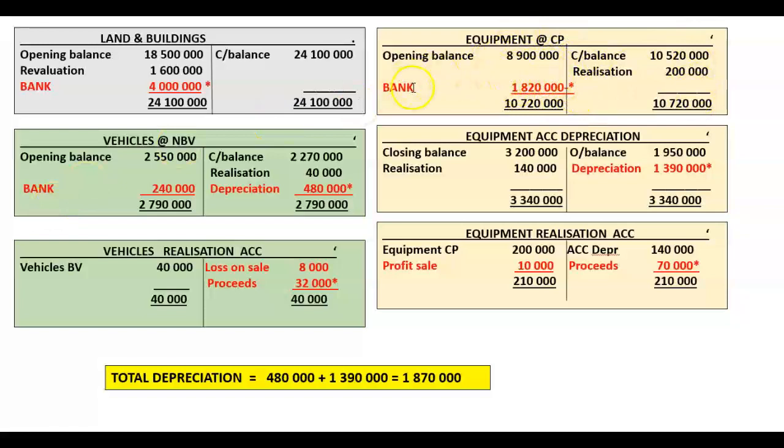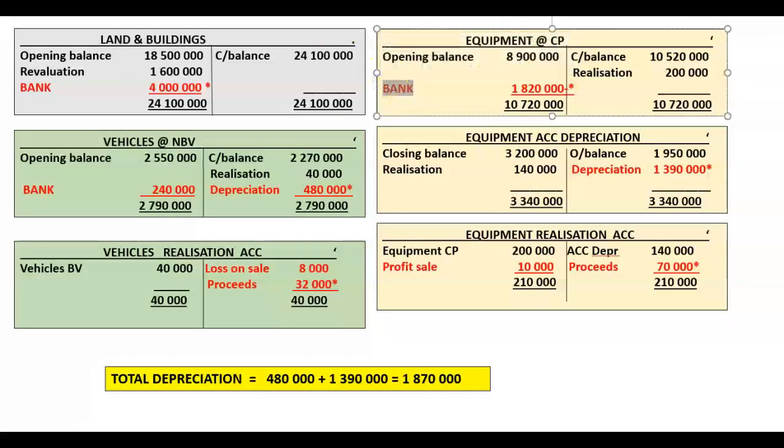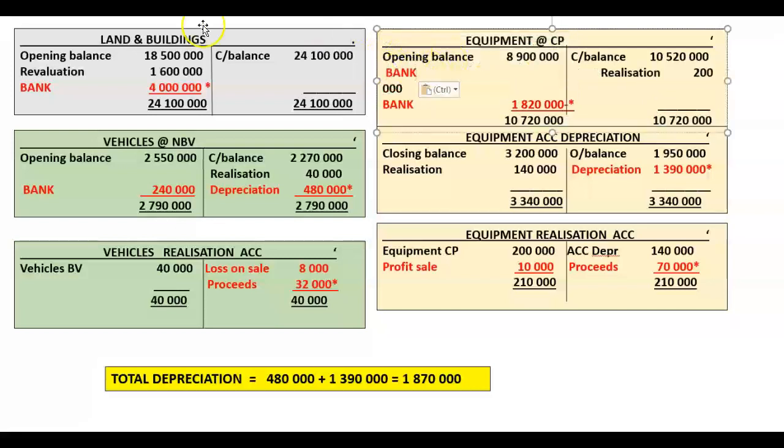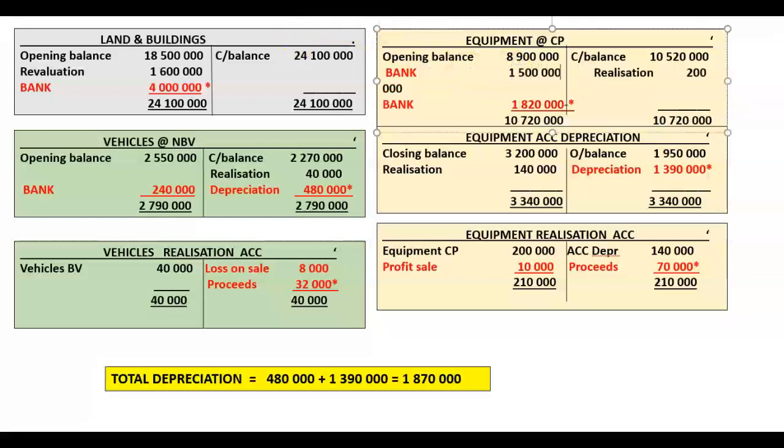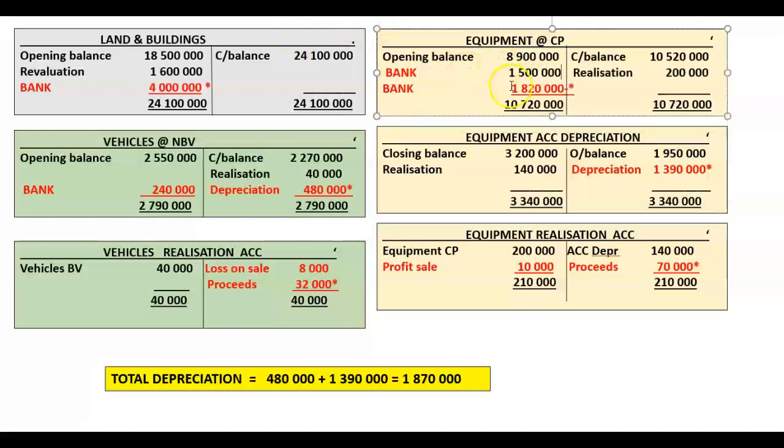What they actually tell me is, I'm going to do it like this, that you can see that that first 1.5 million Rand was for expansion. And that amount there is going to be different.